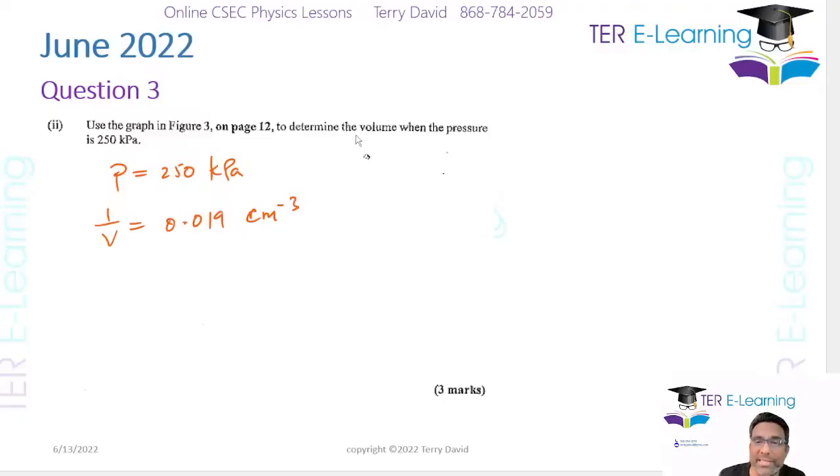But the question says, what's the volume? So you all have something to do here. Volume is simply going to be 1 divided by 0.019. So that volume is going to be around 52.6 cm cubed.